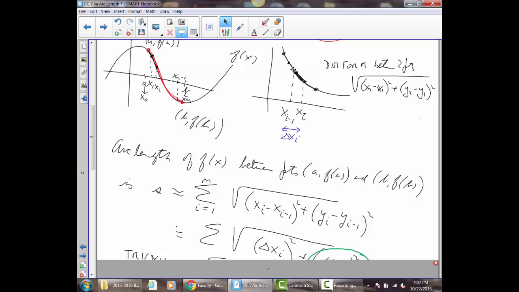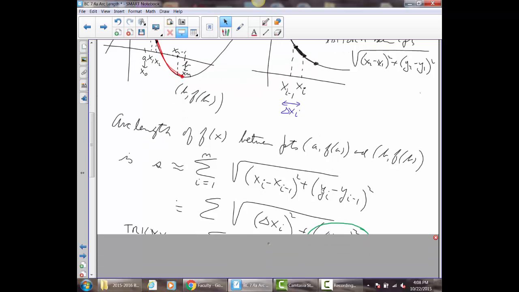Because we're looking at straight segments, we'd use the distance formula between 2 points, which if you remember is the square root of (x2 minus x1) squared plus (y2 minus y1) squared. So in our case, that would be (xi minus xi minus 1) squared plus (yi minus yi minus 1) squared.